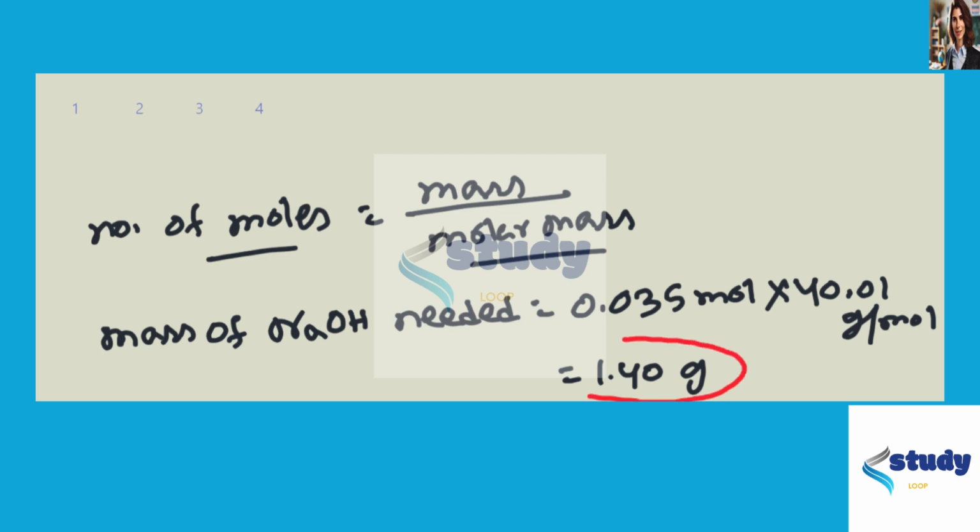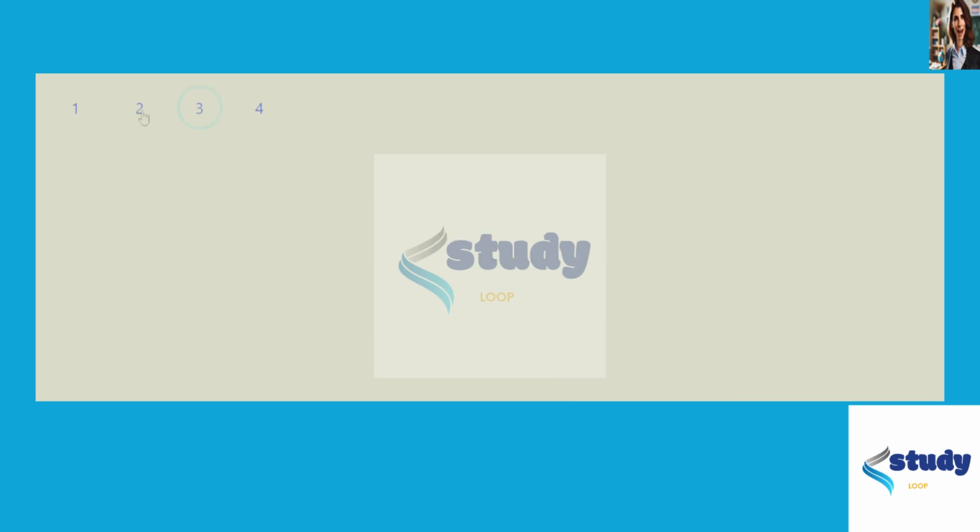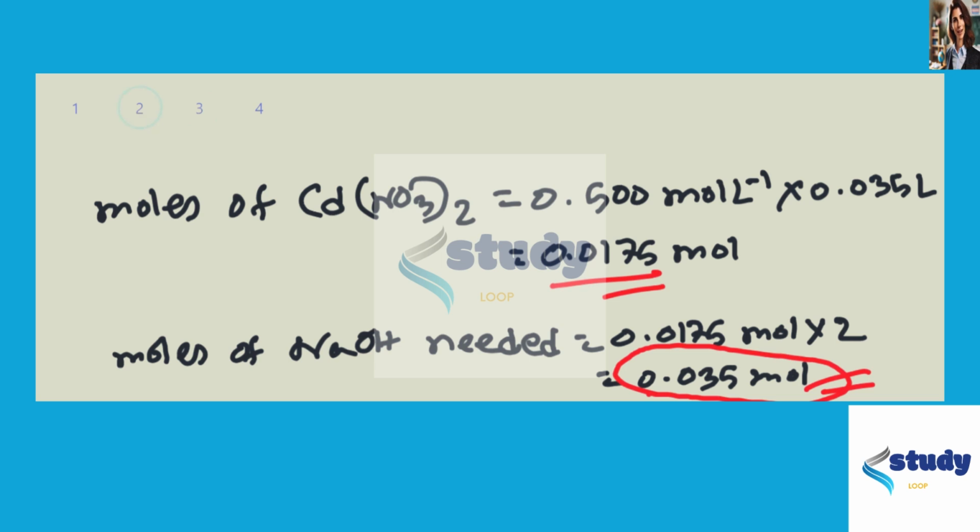So this is the mass of sodium hydroxide we need to precipitate the cadmium ion from a solution of 35 milliliters or 0.035 liter and 0.5 molar concentration.